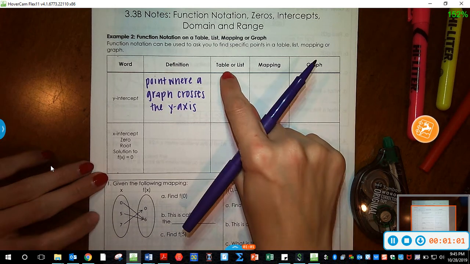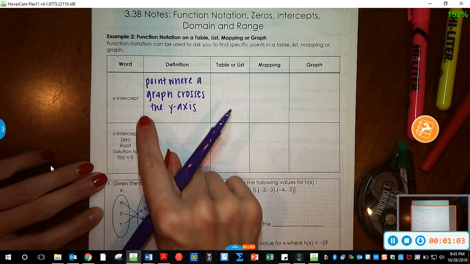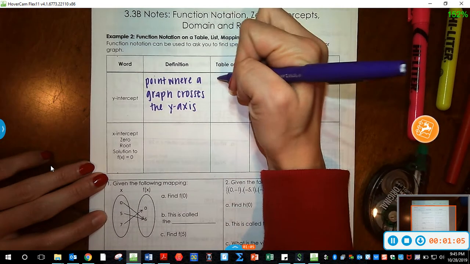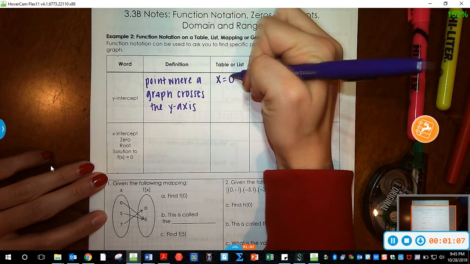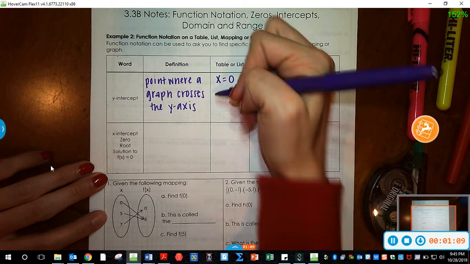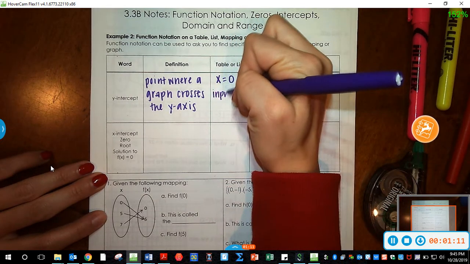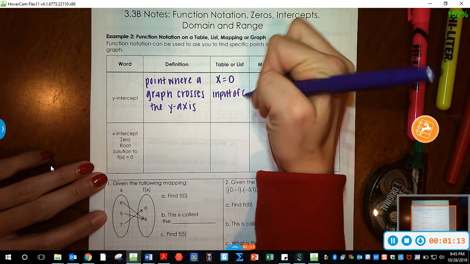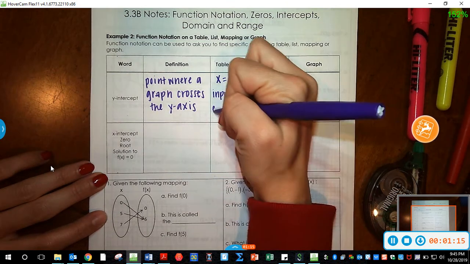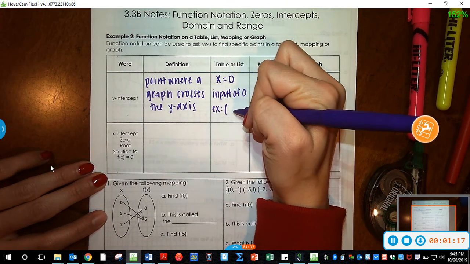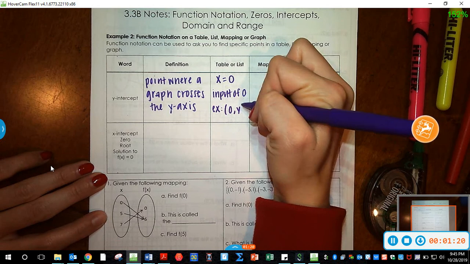On a table or list, the y-intercept always has an x equal to 0, an input of 0. So for example, it's always 0 and then some y.